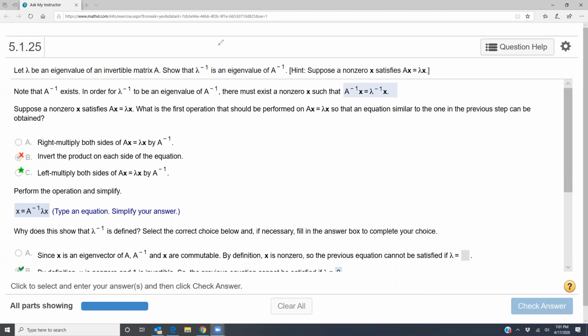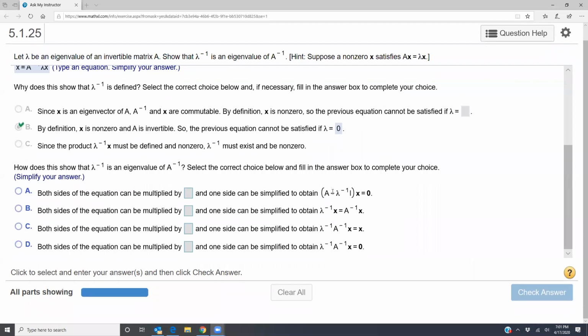So down here, that is going to be this option right here. Lambda to the negative 1 x equals A inverse x. So what we have to do is figure out what to multiply both sides of the equation by, and then simplify it to get what we want it to be.